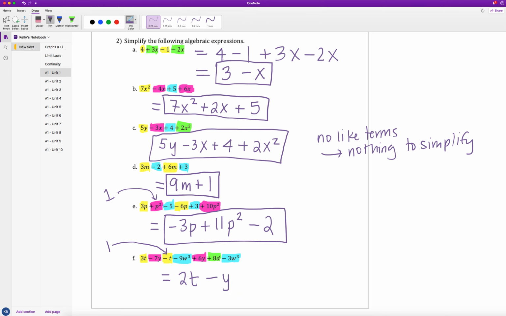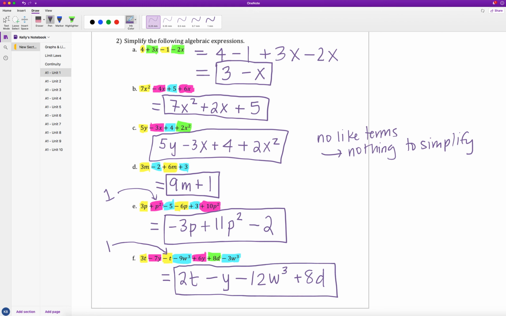If you want to, you can. It's really not necessary, so I just end up with minus y. Our next one will be our w cubed, so negative 9 minus 3 of them will give me negative 12w cubed. And then our plus 8d, because nobody else was a like term with him to combine. And there is our final answer.